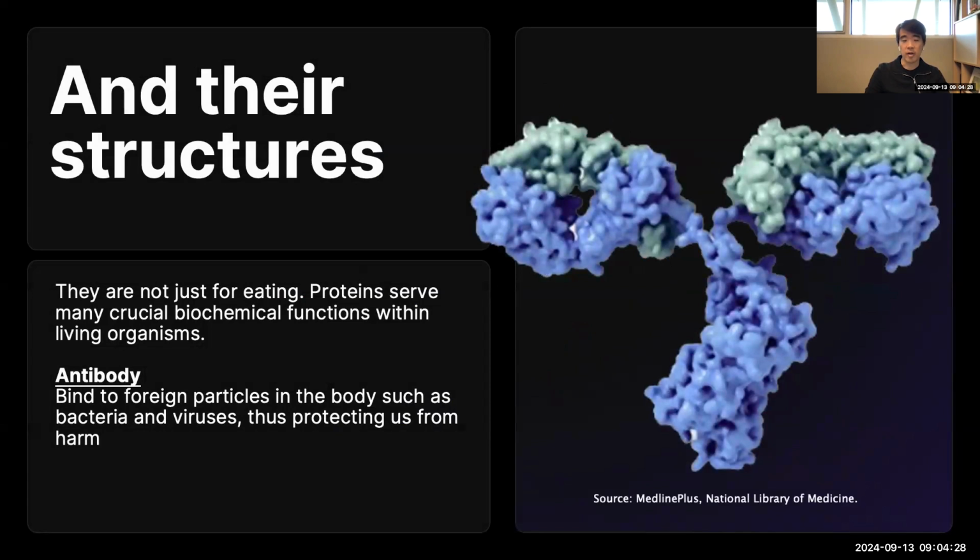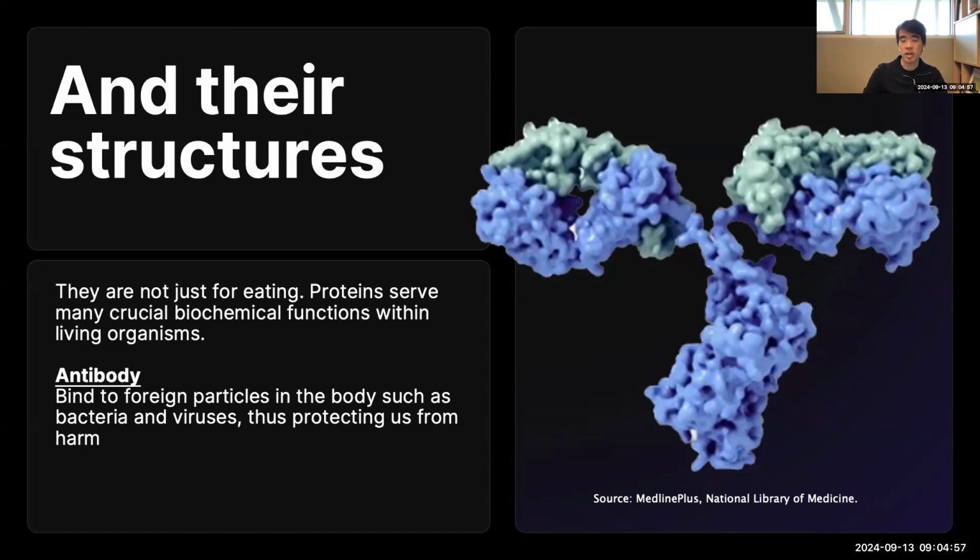This is a crystallographic structure on the right-hand side here of a protein called immunoglobulin G, IgG, and this is an antibody. It's one of many different types of antibodies in our body. And what antibodies do is they're a protein, but their specific role is to bind to foreign particles in our bodies, such as bacteria, viruses, etc., marking them for destruction, and then another cell will come in and take care of that.